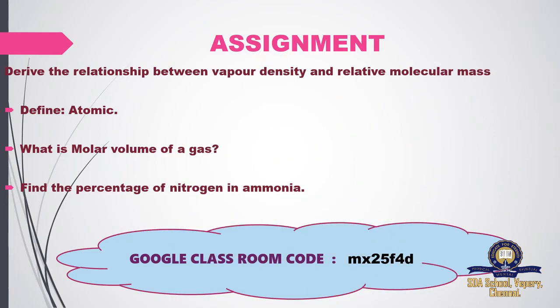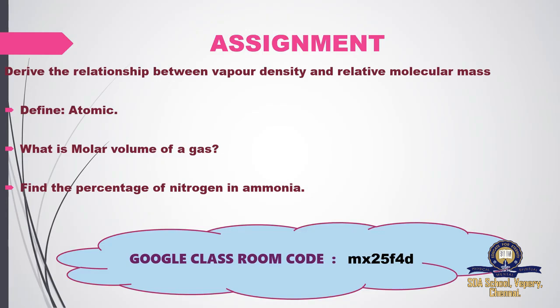Assignment for this class. Derive the relationship between vapor density and relative molecular mass, the derivation which we studied in this video. Next, define atomic mass. Third, what is molar volume of gas? Find the percentage of nitrogen in ammonia.